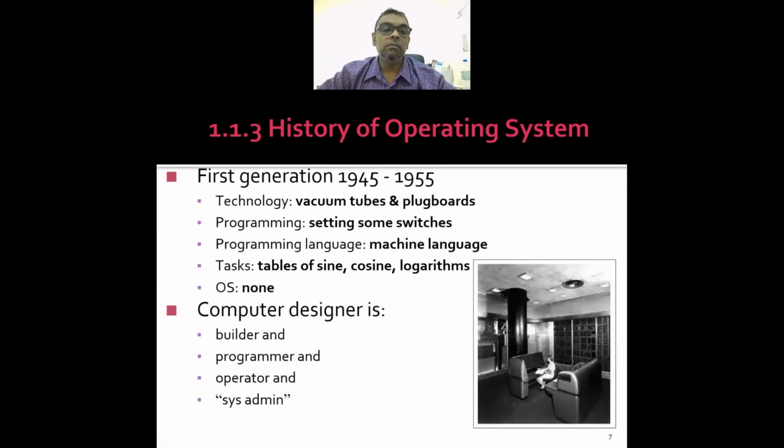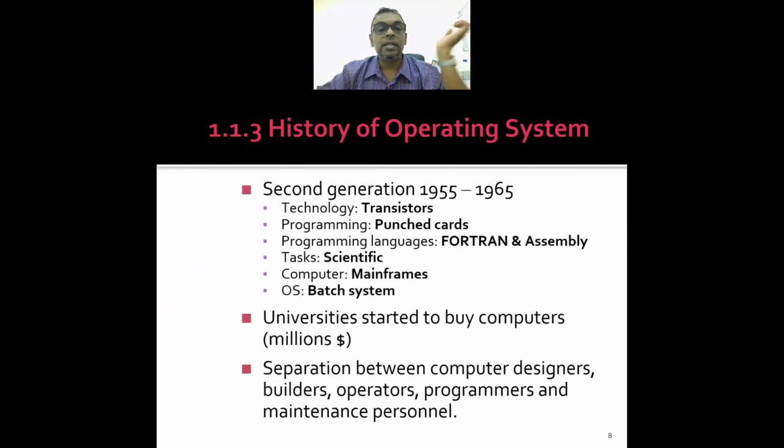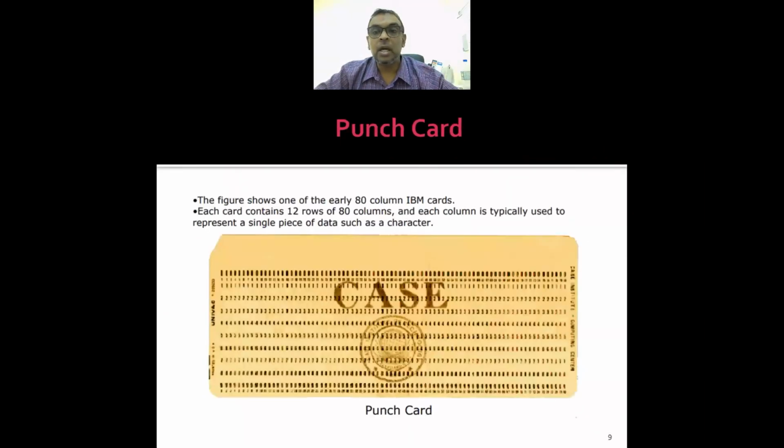We started with the first generation computer, the vacuum tubes, those big PCs. So this is how they look like. Second generation, and this is an example of a punch card. We used this during the 80s, where each hole here actually keeps track of the characters inside a process or program.